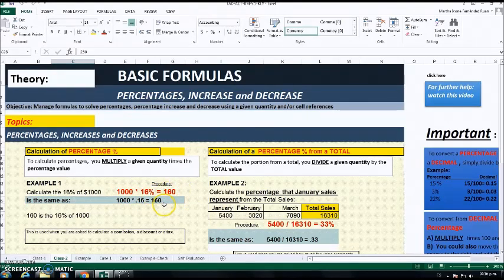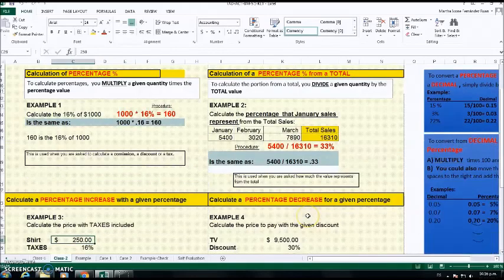Then this is our result, 160. The other way to calculate a percentage is a percentage out of a total. In this case, what is the percentage that January sales represent from the total sales? Then we just divide the sales from January over the total sales. So the percentage of January is 33%.